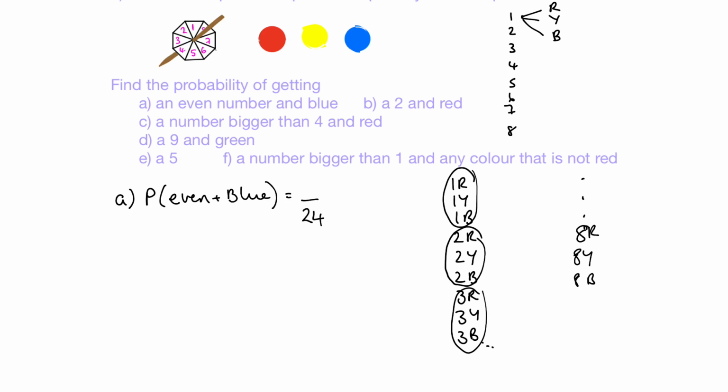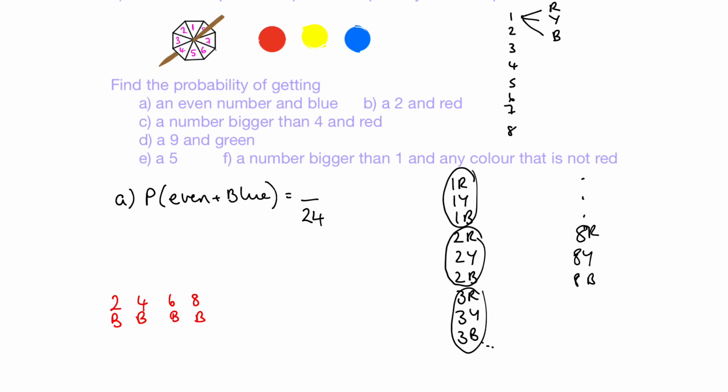Okay, so the probability of getting an even number in blue, so the even numbers are, just let me put this over here. The even numbers are 2, 4, 6, and 8, and blue, blue, blue, blue.